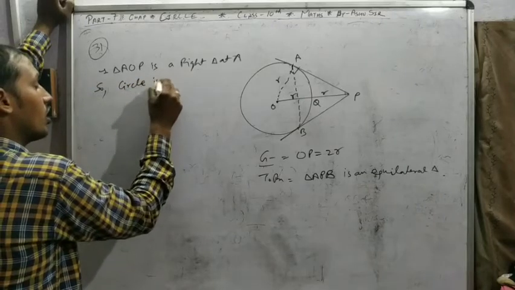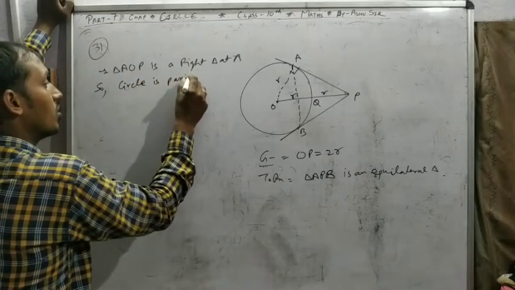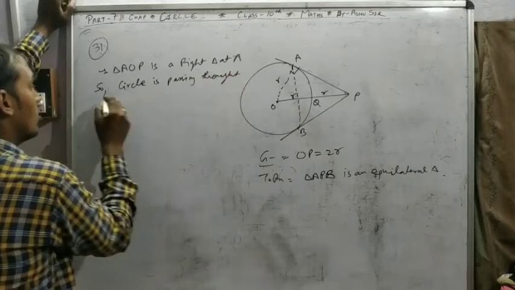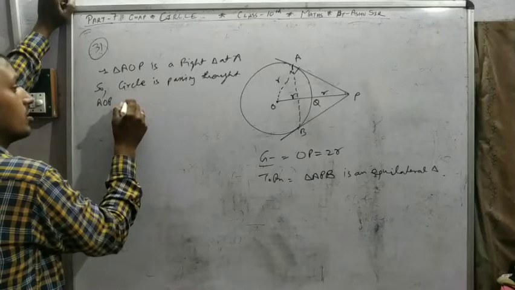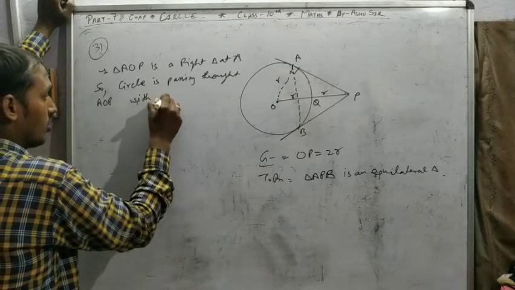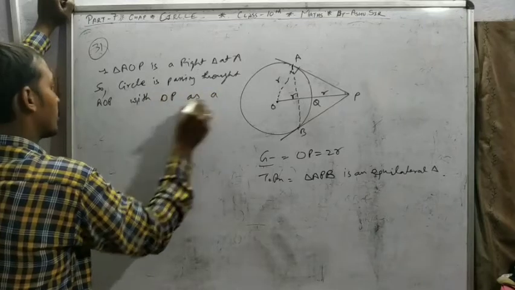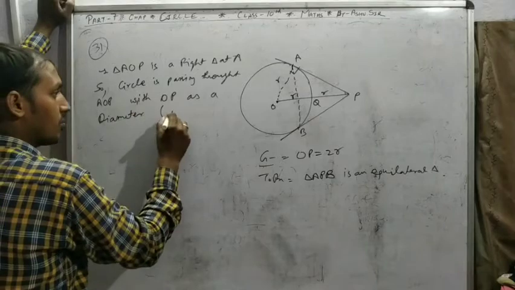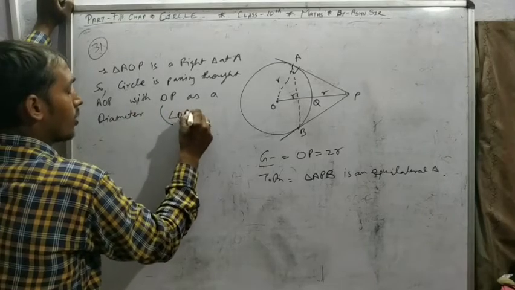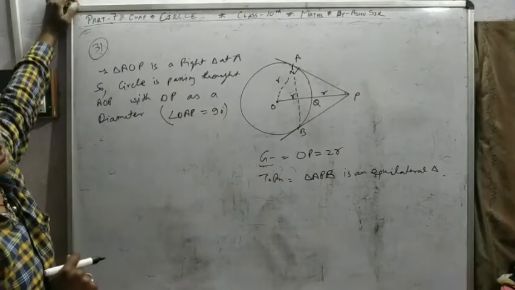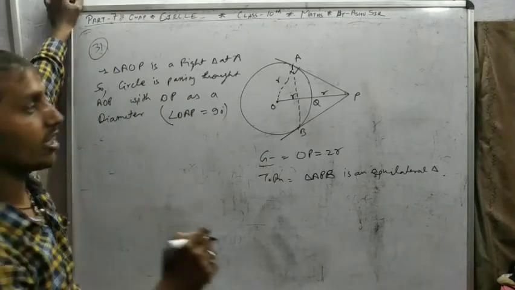So a circle is passing through A, O, P with OP as a diameter. Reason: because angle OAP is 90. You know, angle on a semicircle is always a right angle.